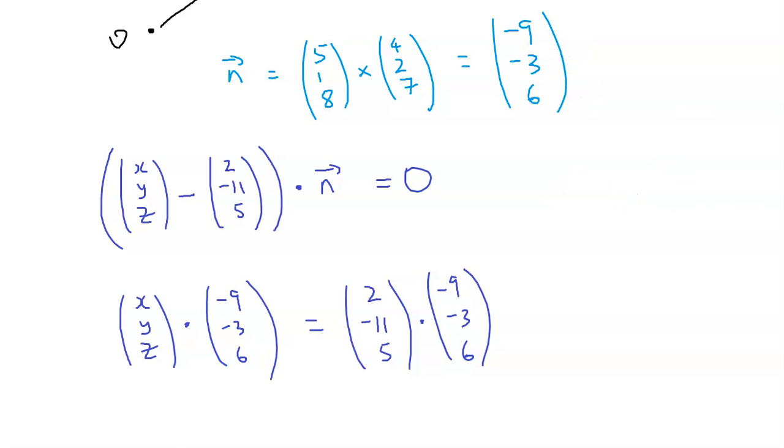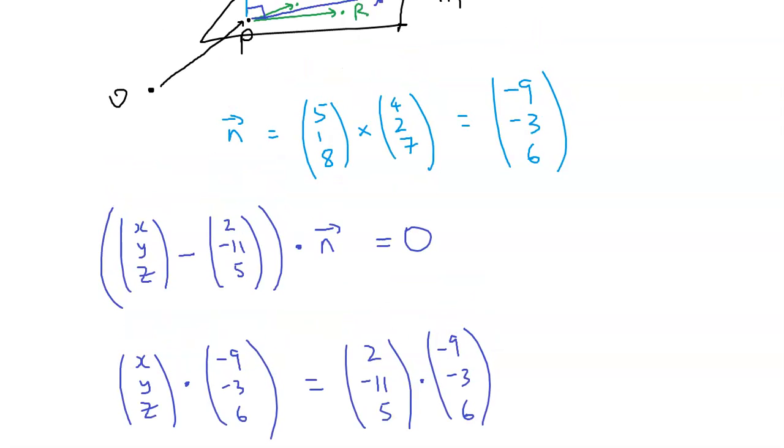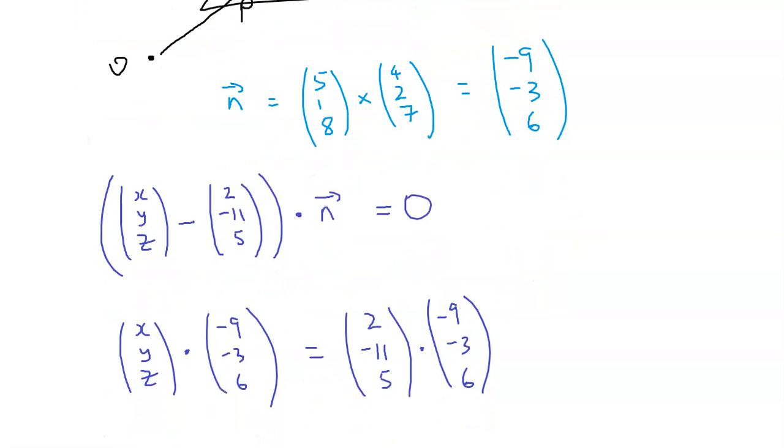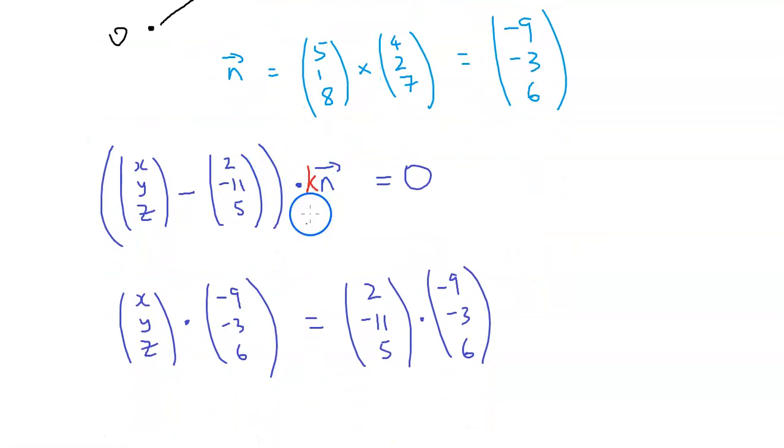By the way, if you don't want to use (-9, -3, 6), you can actually use any multiple of it. Remember, it doesn't matter which vector n we take, as long as it's normal to the plane. So any vector k times n will do.